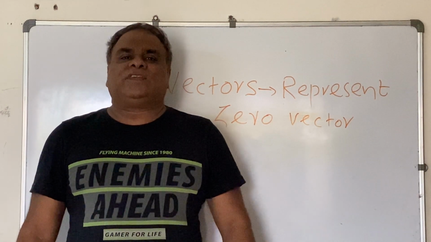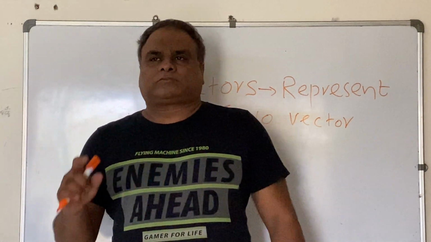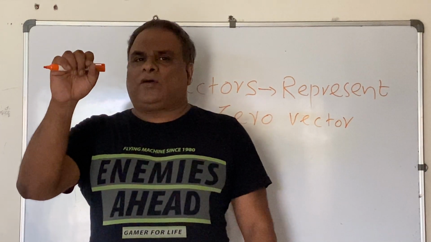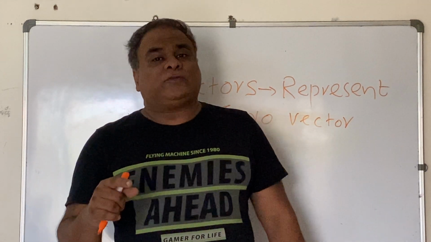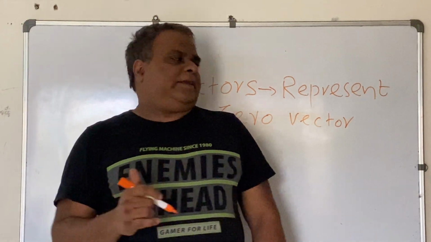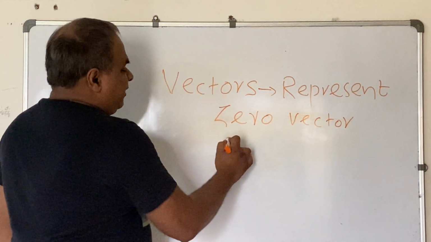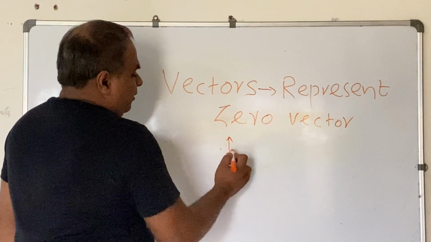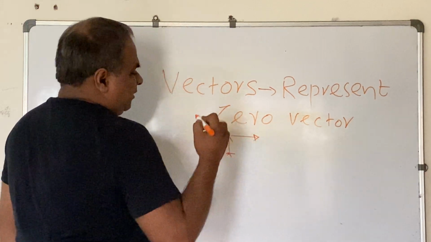What is the use of a zero vector? For example, let's say you are standing in front of your house, stationary, but you are planning to travel to a nearby place in this direction.